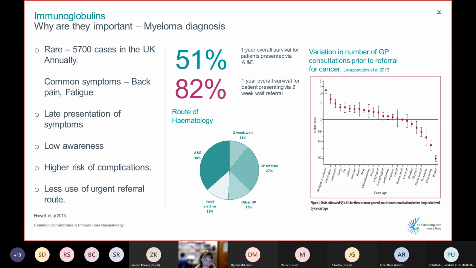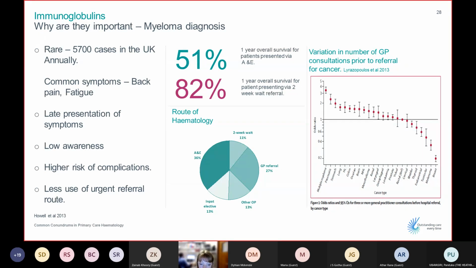And in a study by Howell in 2013, it was looking at reasons why there was less use of the urgent referral pathway for possible myeloma diagnoses than other malignancies. And if we look at the pie chart in the middle, we can see why this is so important. This pie chart shows the route to haematology for patients with new diagnosis of myeloma, taken from Howell's study in 2013.